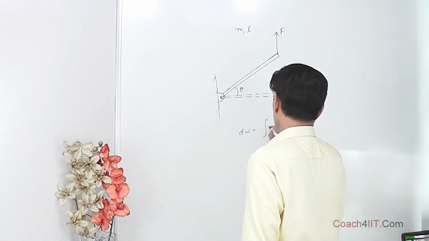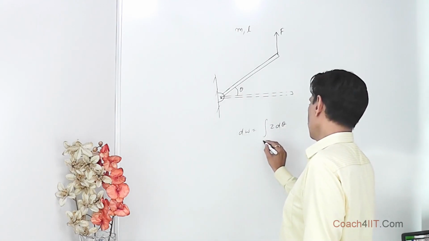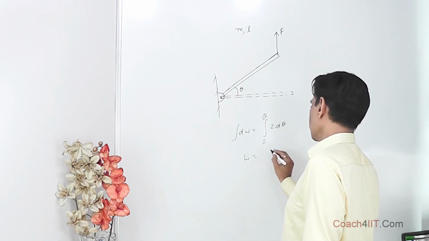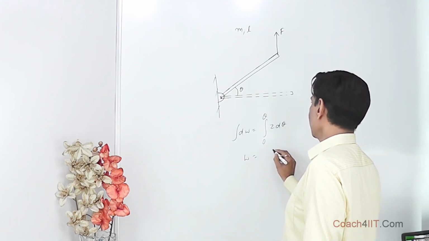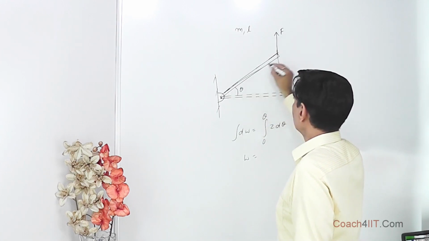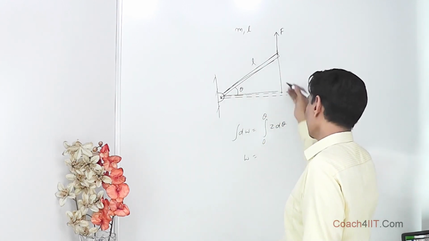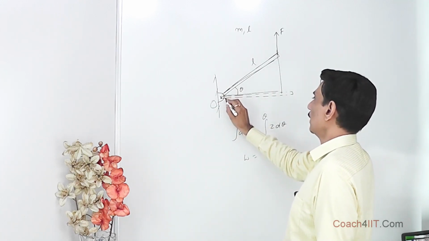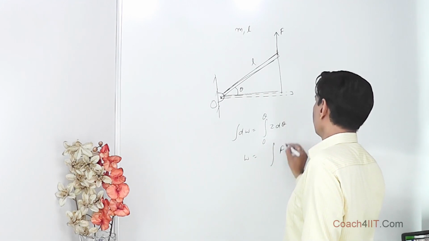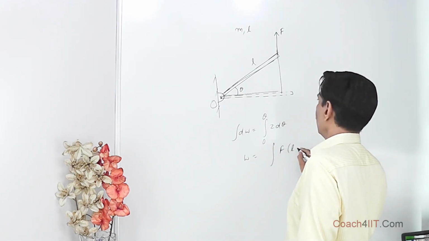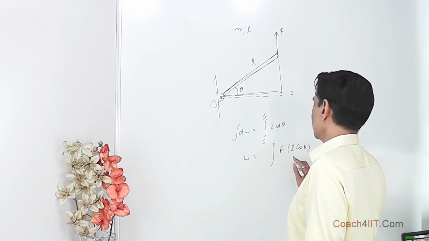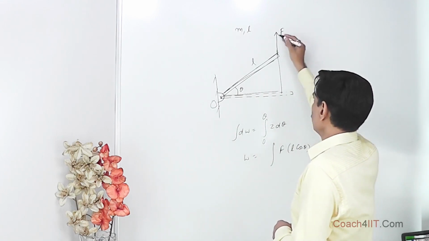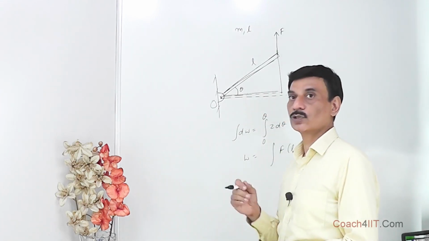So dW is torque times d theta, where theta goes from 0 to theta. If we integrate both sides, work is equal to the integral of torque d theta. If the length is L, the torque of this force about the axis is F L cos theta, since the rod is rotating about this axis. The thing to understand is that as theta changes, the perpendicular distance between the line of force and the axis also changes, that is, the torque is also changing.